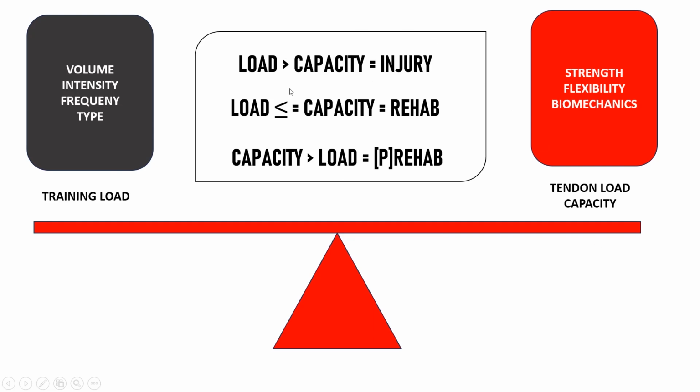And in the center of this table, this isn't mine. This was created by Dr. Andrea Spina of Functional Range Conditioning, and I would highly recommend you check him out if you're unaware of his work already, because he's a real source of wisdom and knowledge. I've just slightly adjusted it so we can incorporate how we use prehab here, but essentially it goes like this. When loading is greater than capacity, how much our tendon can tolerate, sooner or later it results in injury.